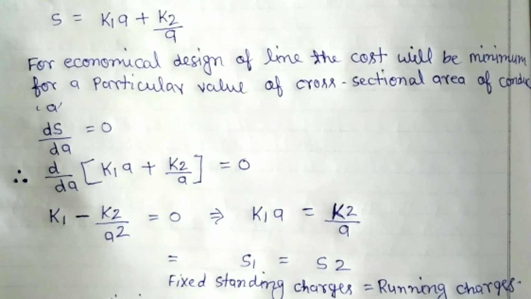Then the equation becomes K1A equals K2 upon A. We get the final equation S1 equals S2, meaning fixed standing charges equal running charges. Students, this is Kelvin's economics law.